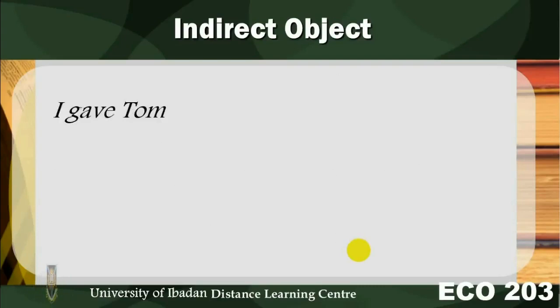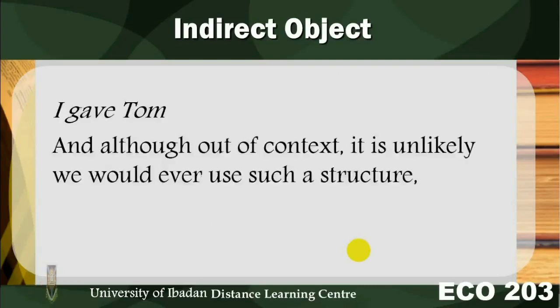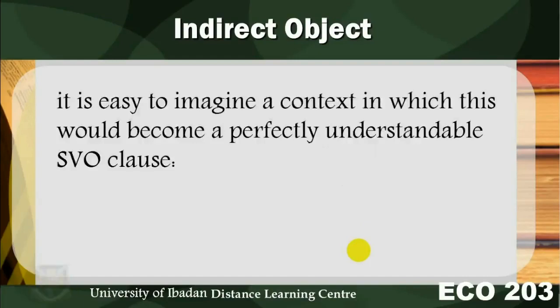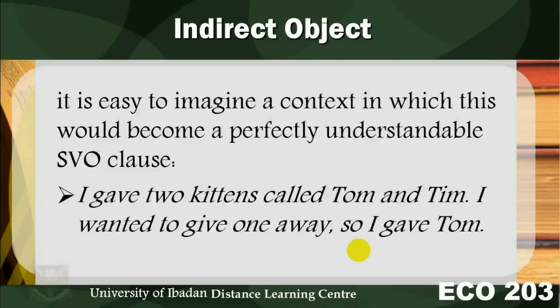This would result in clauses like I gave Tom, and although out of context, it is unlikely we would ever use such a structure. It is easy to imagine a context in which this would become a perfectly understandable SVO clause. I have 2 kittens called Tom and Tim. I wanted to give one away, so I gave Tom.